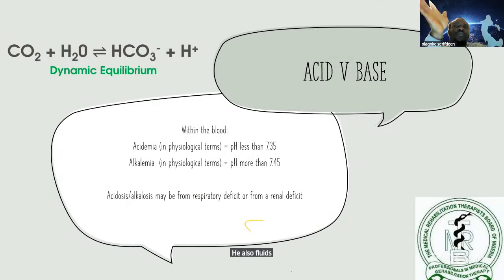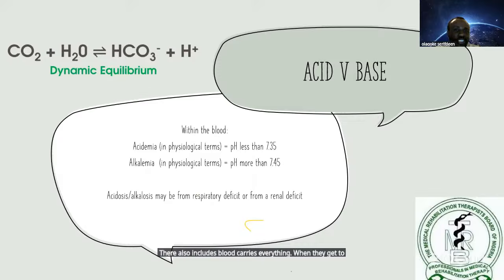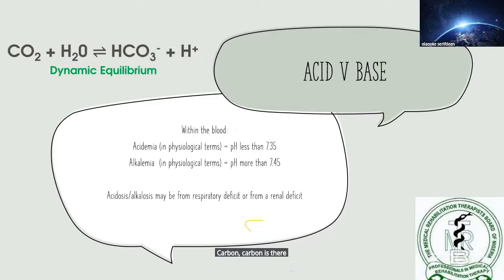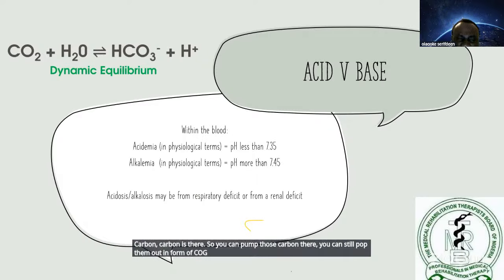Blood carries everything. When they get to the alveoli, they go back inside again. But just remember that this bicarb, we can still puff them out in form of CO2. Because if you look at HCO3, there is carbon there. So you can pop that carbon out in form of CO2, if that makes sense.